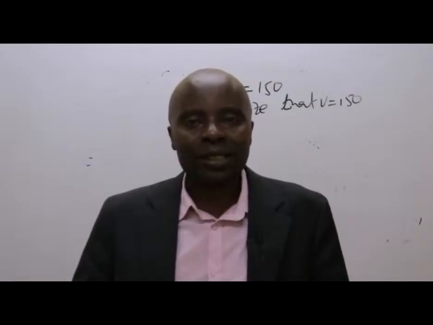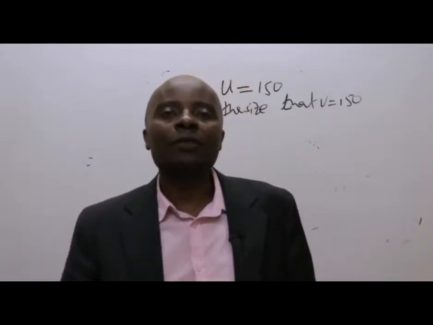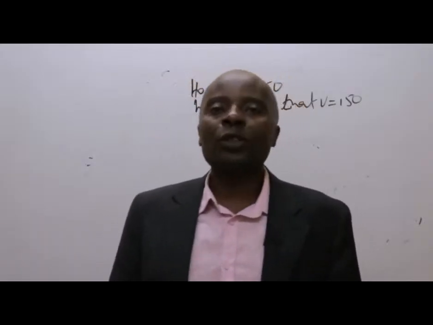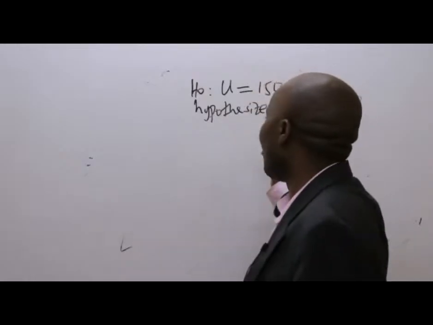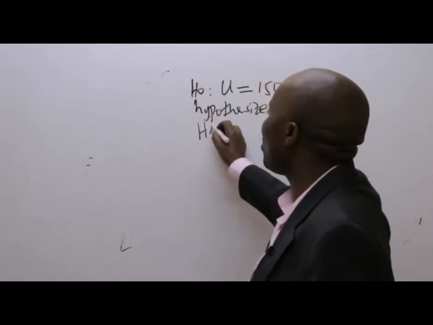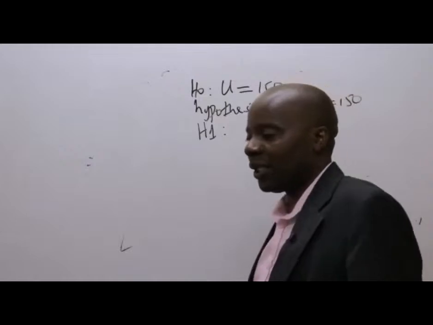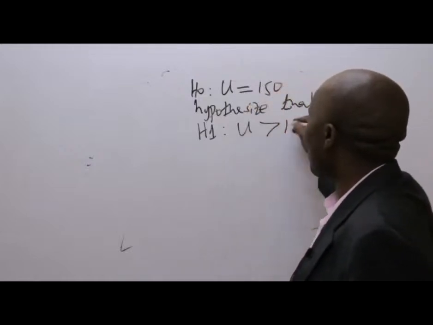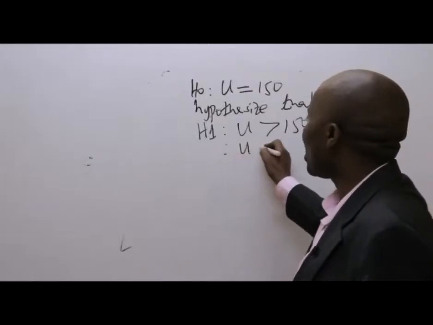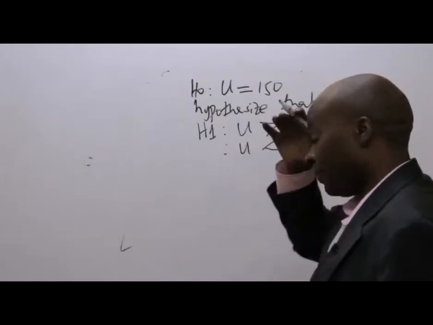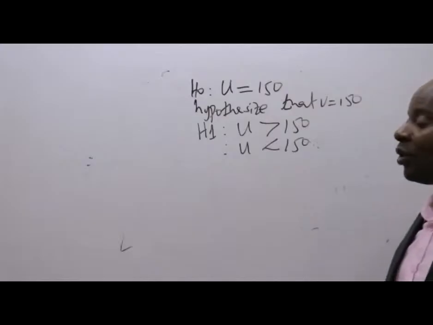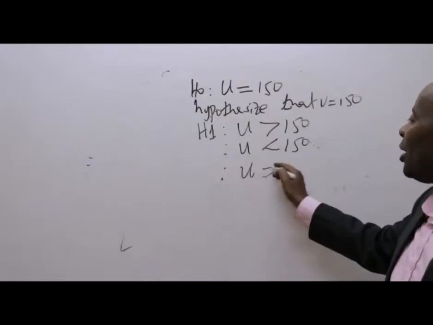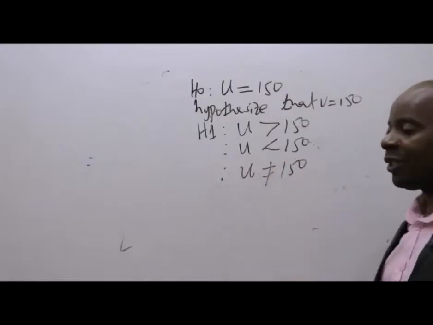And for us to test this, we need an alternative. So for the alternative, listen to me very well. For the alternative, which we'll be calling H1, there are three possibilities. It is either you'll tell us U is more than 150, or U is less than 150, or U is not equal to 150.